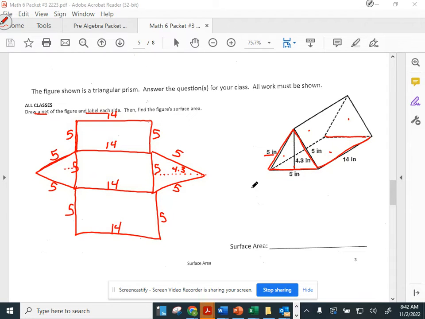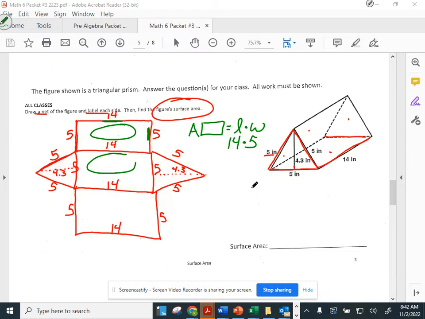Now that height to the triangle is going to be important for when we find its area, because next I need to find the figure's surface area. To find the surface area, we need to remember the area of a rectangle equals the length times the width. So if I look at my rectangles, I have my length and my width. I need to do the math of 14 times 5, and that's what I'm going to put for each rectangle's area.